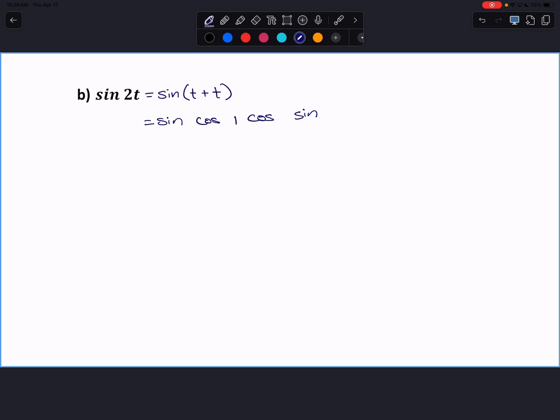Good. First term, second term. Good. Because both angles are t, they are like terms, and you can put 2 sine t, cosine t. It's fine if you had put 2 cosine t, sine t. Doesn't matter. And then what'd you do?